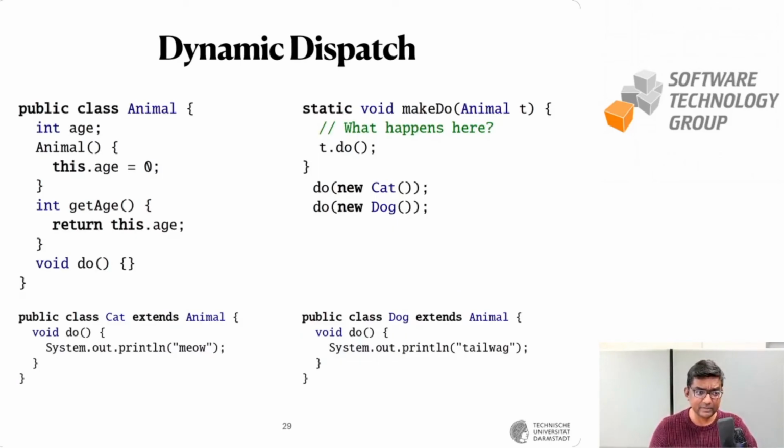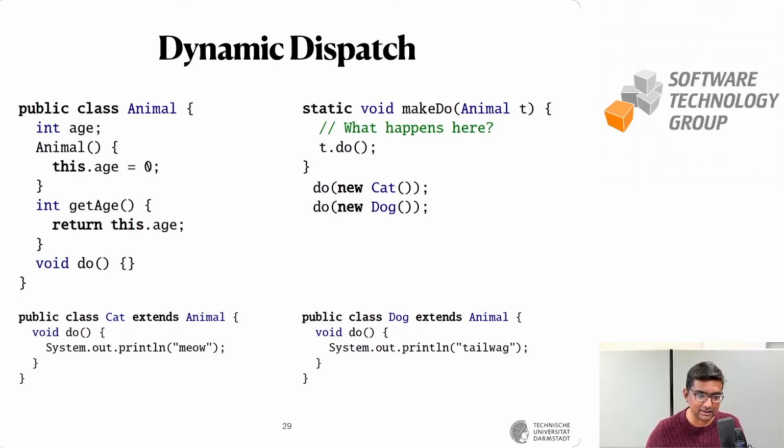Here you have a class or type animal which has age, and it initializes the age to 0 in the constructor. Then it has a function getAge which returns the age, and then it has a function do, right? Now you have a function makeDo which takes in a parameter of type t and performs t.do.